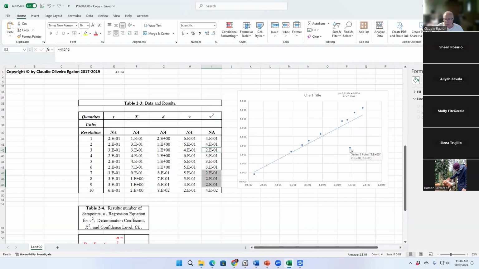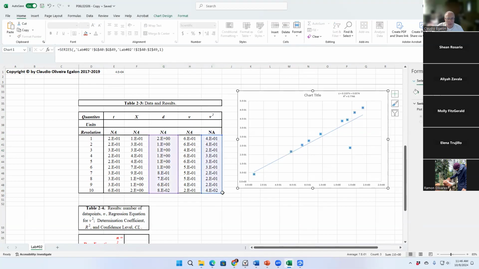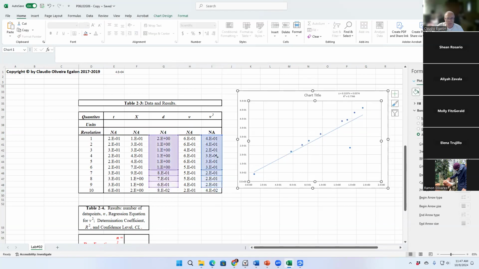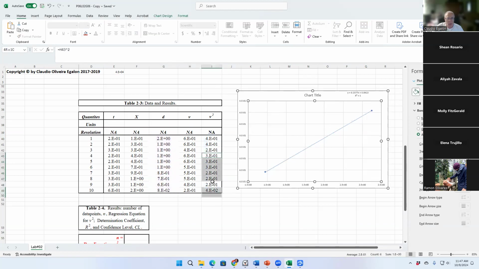Let's see why. Oh, yeah, that's because of the D. I have to look at the D here. I was looking at the wrong place. This guy is this one right in here. Okay, Alia, it is this one right in here, apparently. Yeah, and then how are we going to do it? We're going to plot and I'm going to eliminate this data point and see if we get a better result.